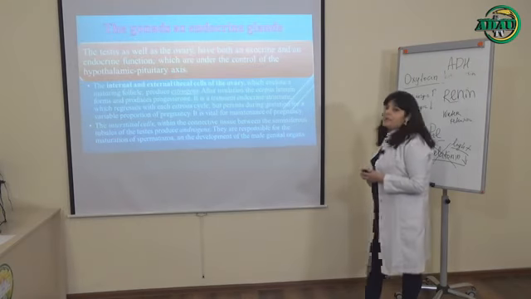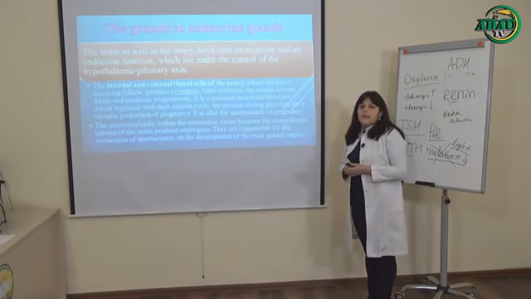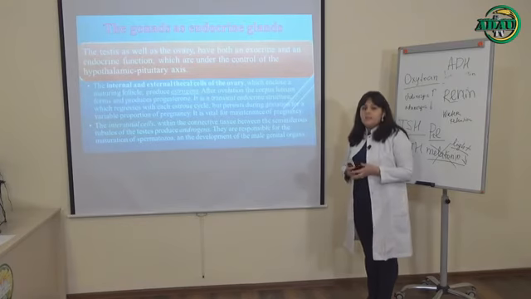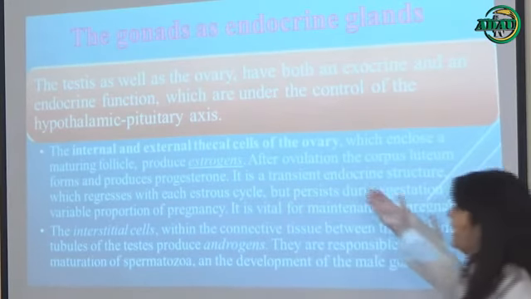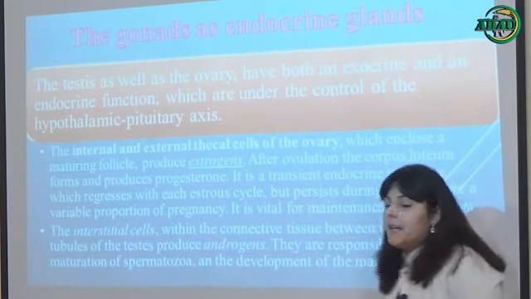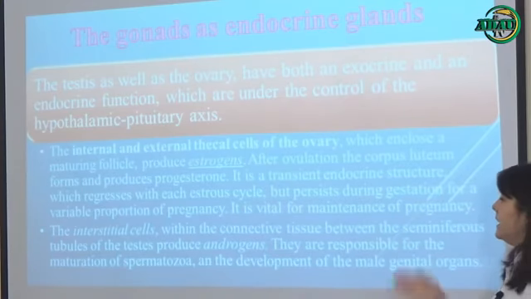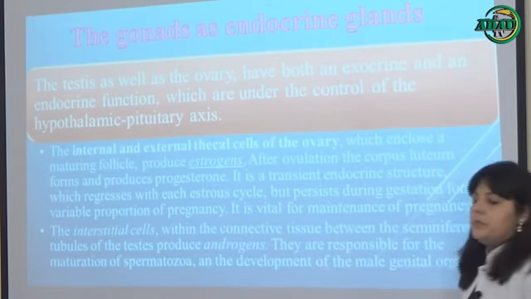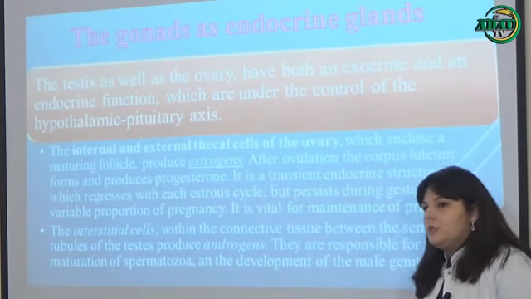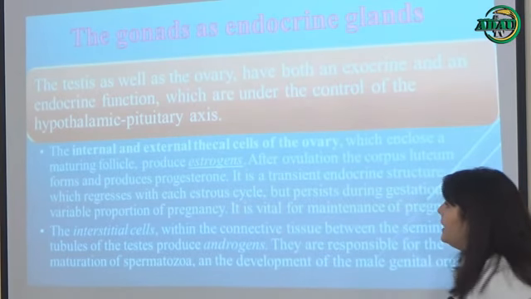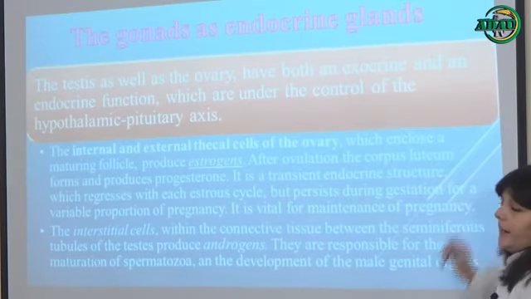Then let's talk about the other type of glands, like gonads, which are also mixed glands. They also have exocrine and endocrine function as well. So the main hormones here we can see are the estrogens, which are produced by the theca cells of the ovaries, and the androgens, which are produced by the interstitial cells of the testes. I'd like to talk about the hormones which are produced by the corpus luteum.